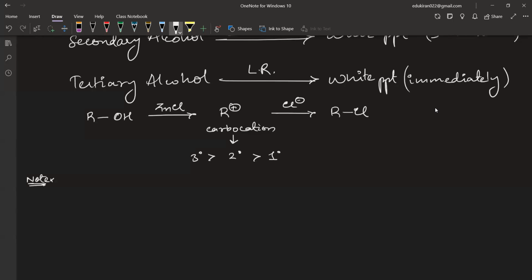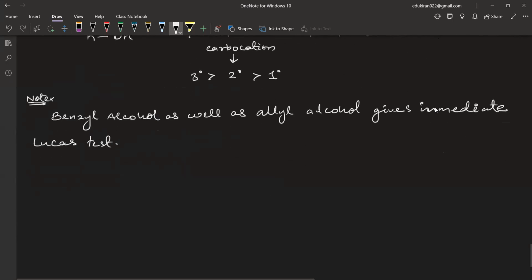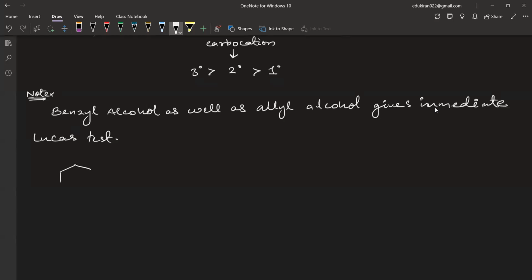This note says that benzyl alcohol as well as allyl alcohol gives immediate Lucas test. Why is that? Because those who remember benzyl halide must also know what is benzyl alcohol. Just extrapolate this. So this will be CH2 and OH. This group is benzyl alcohol.